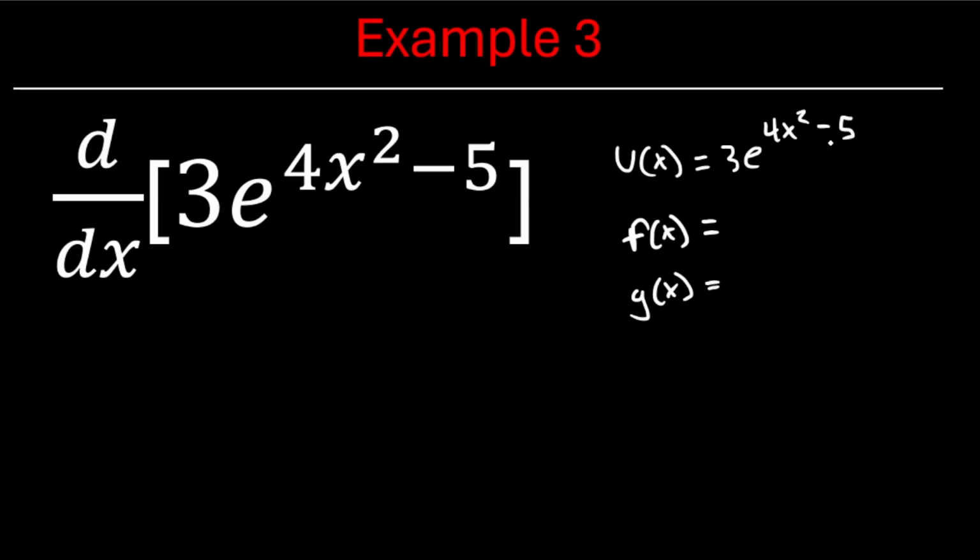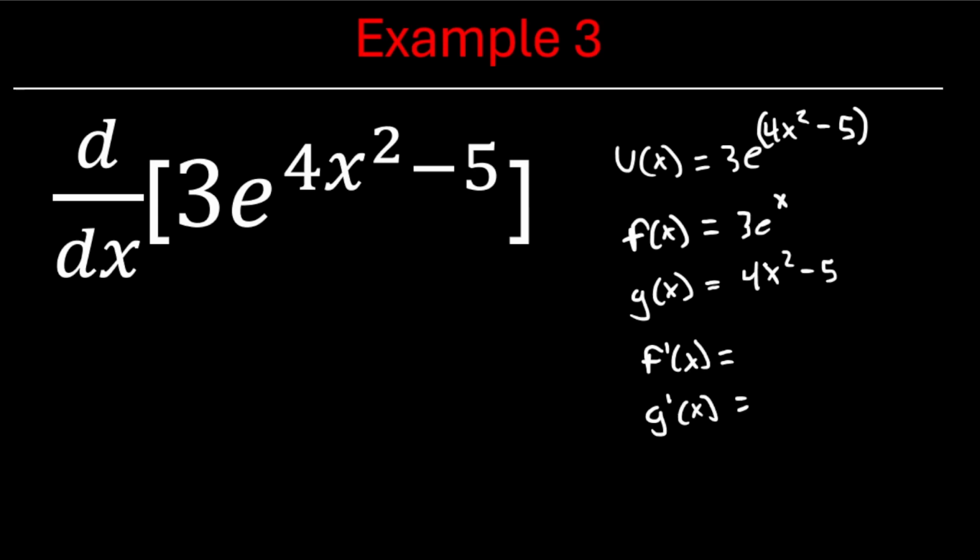So this one might be a little more difficult at first glance, but our outer is going to be 3e to the x, and this right here is going to be our inner function. Okay, now we just need to get the first derivatives of both of those, and we're home free.